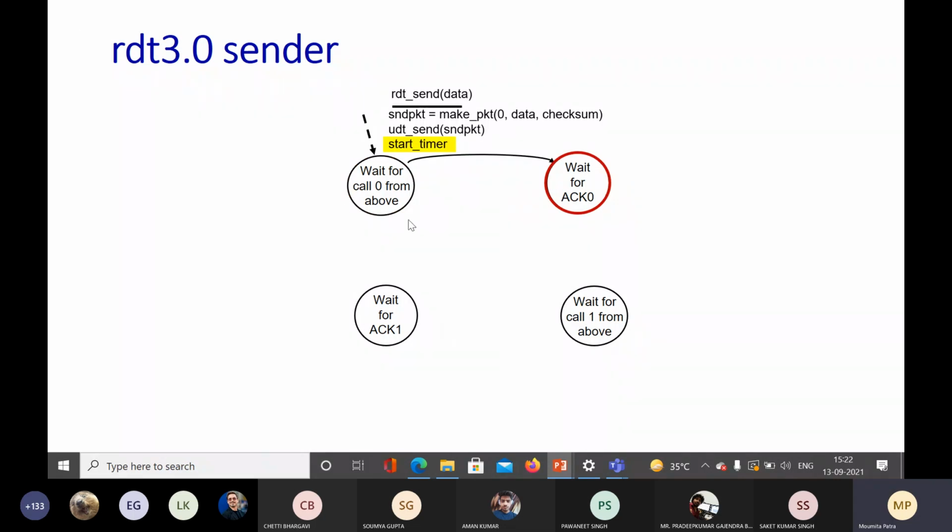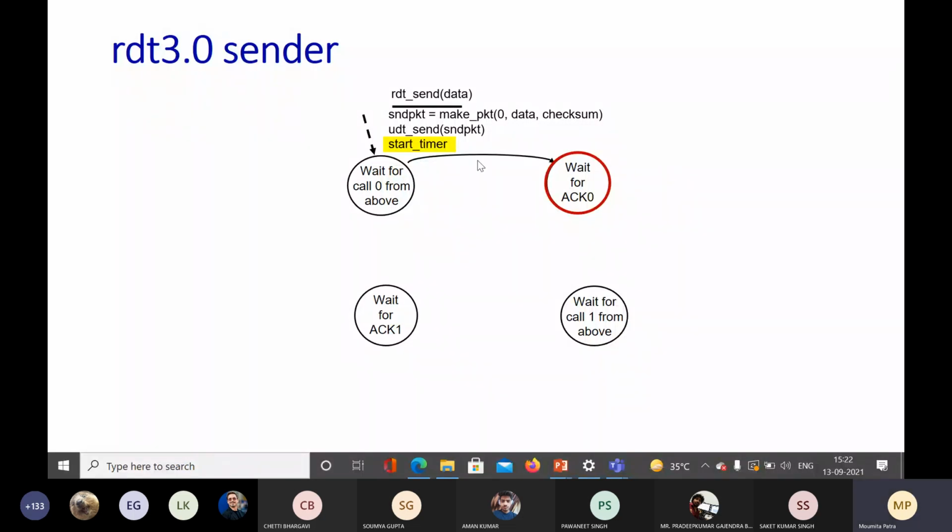So first is wait for call 0 from above. That means when the call for making a packet comes from the application layer side, the packet is made with sequence number 0, the data and the checksum, and then the packet is sent. The moment the packet is sent, there's one more action that is taken, that is the timer is started.